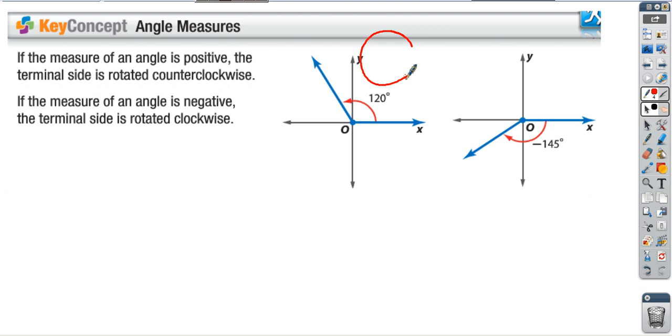That's counterclockwise, so it's positive. If you start here and you go this way, your angles will be negative. So for example, this angle right here, you can see negative 145. That's the same as if you had gone this way. That's like a positive 145, but the other one is negative because we are moving in a clockwise direction.